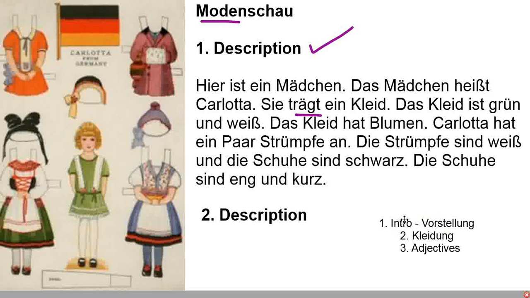So what I'm going to ask you to do is to select 2 of the pictures that I will provide for you and write 5 bis 10 Sätze. So 5 to 10 sentences where you introduce the model and talk about at least 3 pieces of clothing that he or she is wearing.